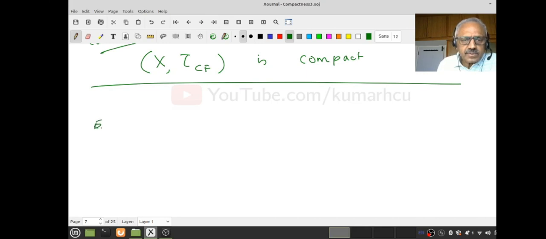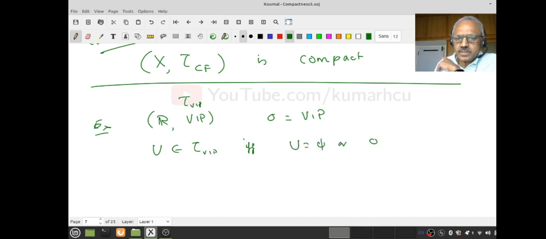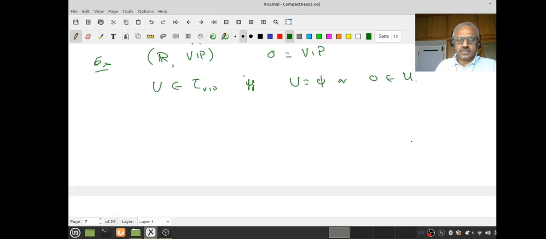So now the example is with the VIP topology where 0 is the VIP. Now what are the open sets? Let us call it tau VIP. Then U belongs to tau VIP if and only if either U is empty or 0 belongs to U. Now what are some basic open sets, the simplest open sets?